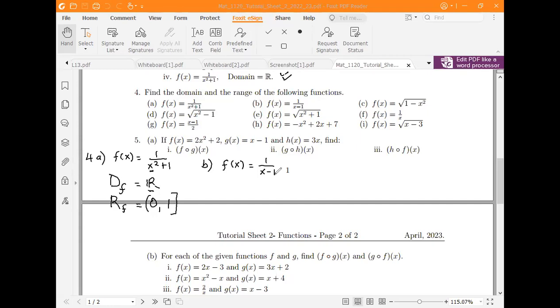Now, a fraction function becomes undefined if the denominator is 0. So we'll say the domain of f is the set of x such that x is a real number, such that x minus 1 is not equal to 0. That is the starting point.